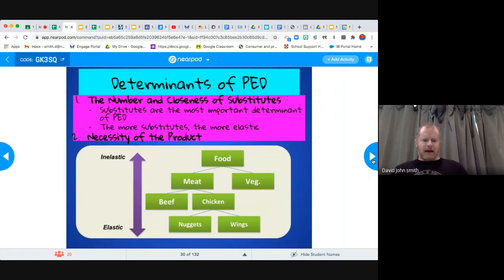Right, now something to figure out is this idea of when we talked about whether something is a necessity, and you need to understand that it's a range, yeah? That what's a necessity for one person isn't necessarily going to be a necessity for another person. So although some products are considered to be a necessity for me, you yourself might think, nah.